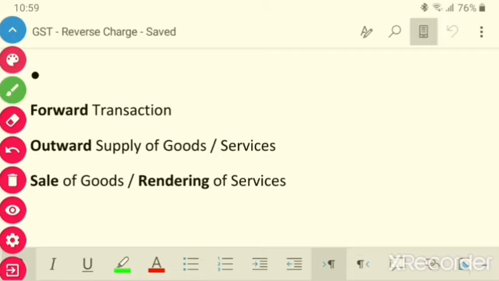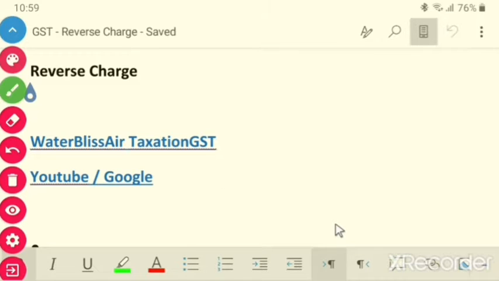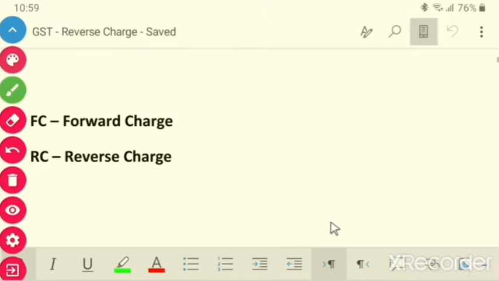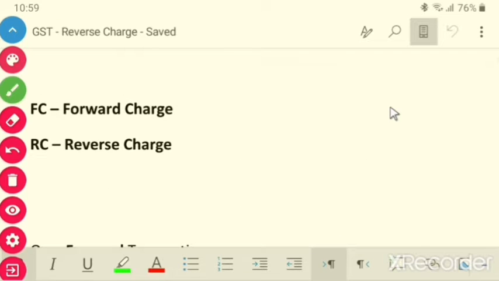So whether we say forward transaction, outward supply of goods and services, sale of goods, or rendering of services, we can say any of these things. What is applicable here is forward charge.